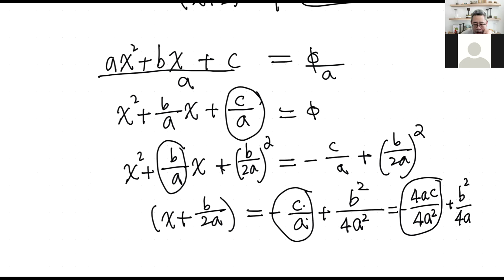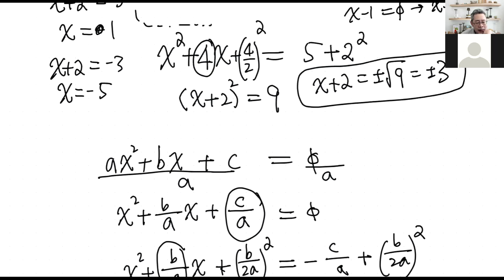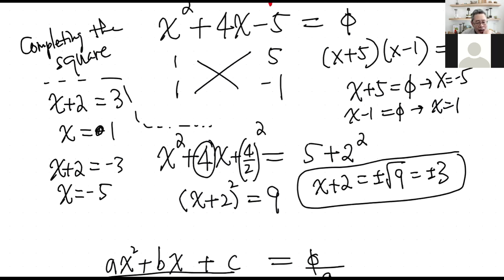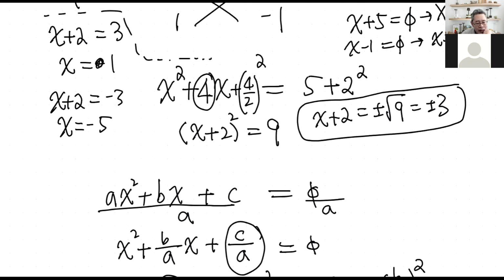Could you explain to me the half thing, like the half of b over a? How do you get the half? This is something called completing the square, like we did earlier. If we go back here, you see we add half the middle term, squared, then we square the whole thing.